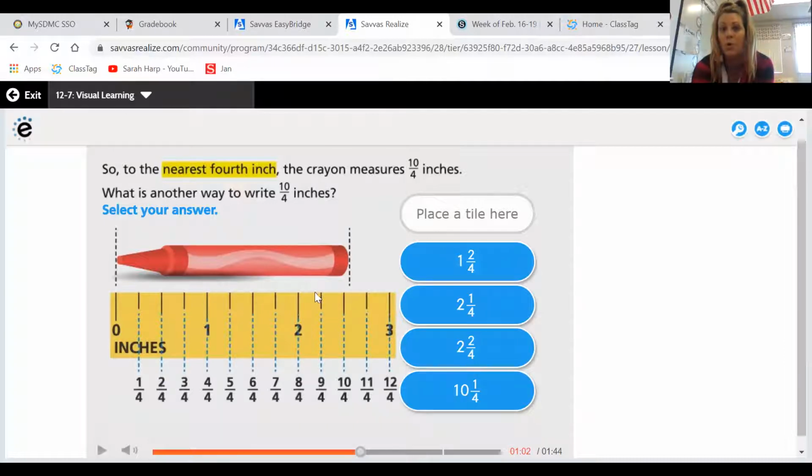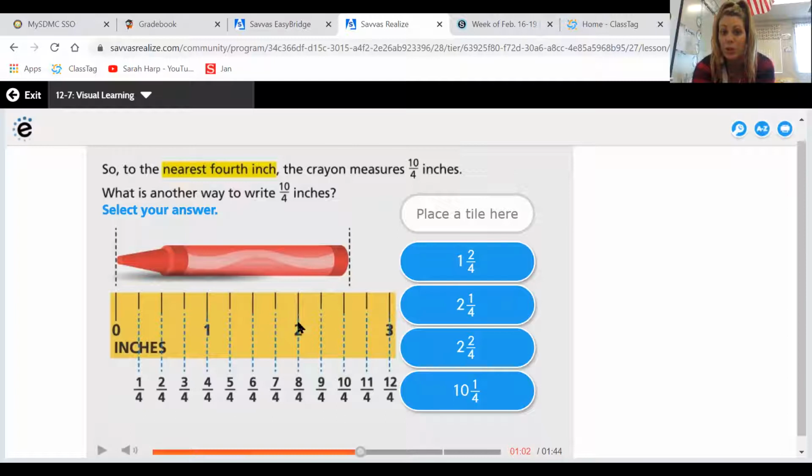If we jump one more, what's that the same as? So it goes 1/4, then we would say what? 2/4? So which measurement would it be? Think about that for a minute.